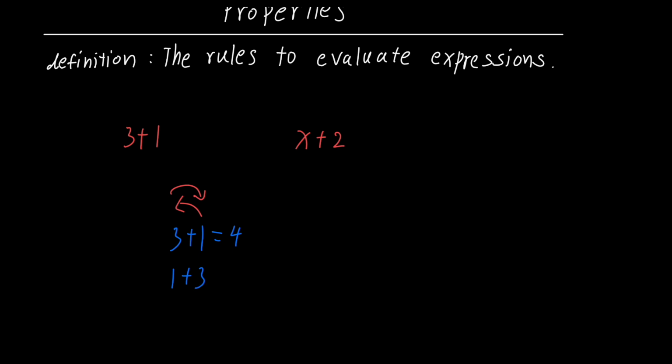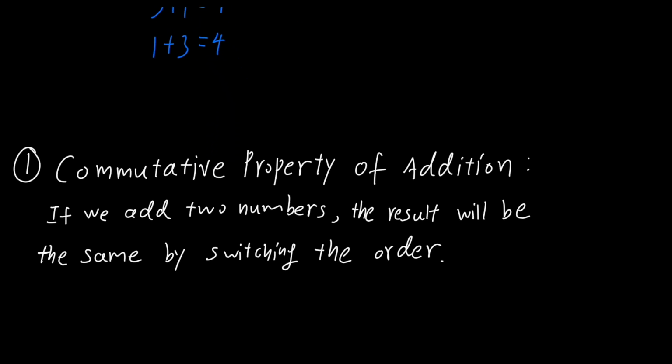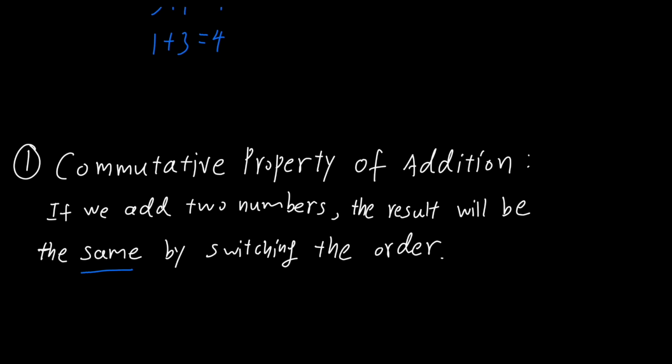So it's still 4, right? For this process, we have a new name to describe it. It's called the commutative property of addition. Basically, if we add two numbers, the result will be the same by switching the order.